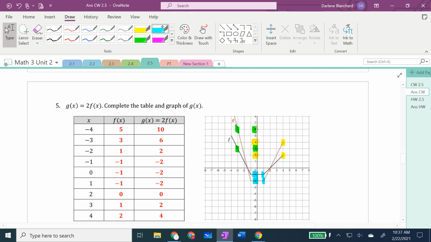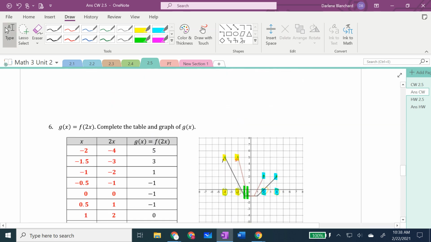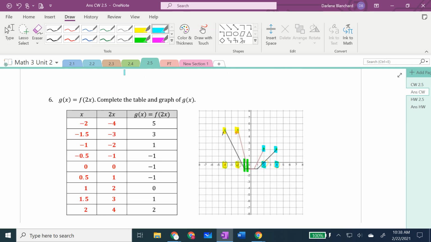When you are asked to change the graph by multiplying outside the function by 2, you multiply the y-coordinates by 2 and keep the x coordinates as they are. When you have multiplication to the x inside the function, you keep the y values as they are, and you take the x values that you began with, and instead of multiplying by 2, you divide by 2.